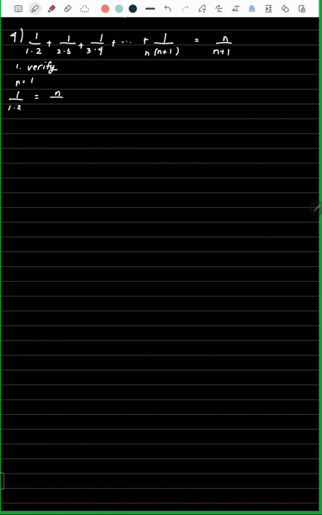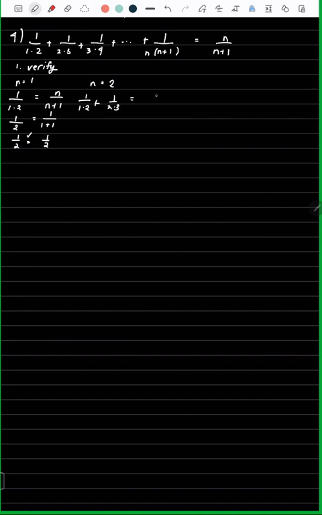So for n is equal to 1, on the left side, that would be 1 over 1 times 2, and on the right, that would be n over n plus 1. So 1 over 1 times 2 would be 1 half. This would be 1 over 1 plus 1, or 1 half is equivalent to 1 half.